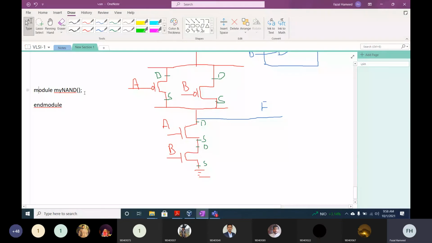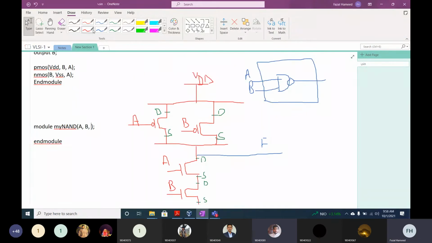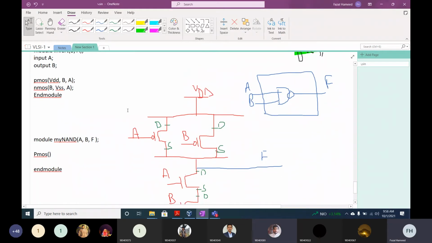What is the input? A and B. What is the output? F. Output F. Now how many transistors do we need? Four, sir. First PMOS. In PMOS, how can we write it? The first parameter is drain, then source, and gate.